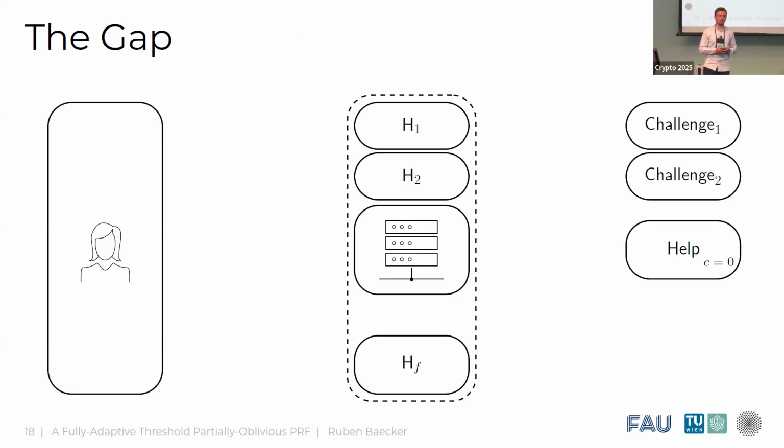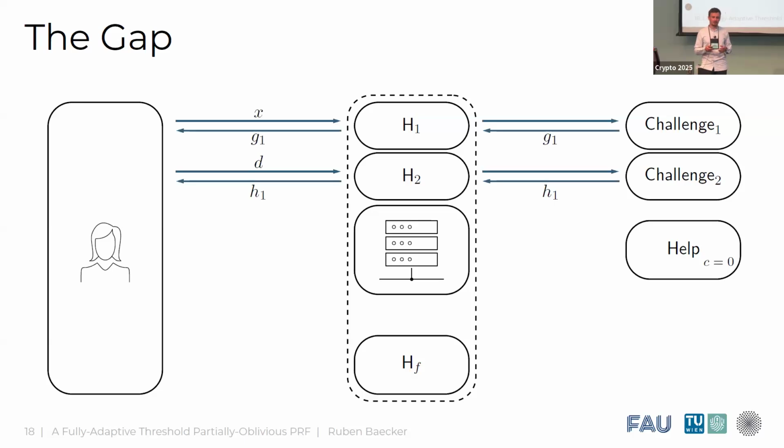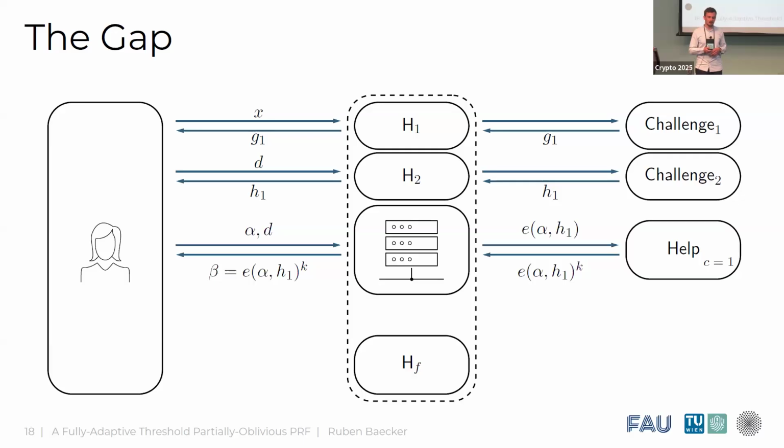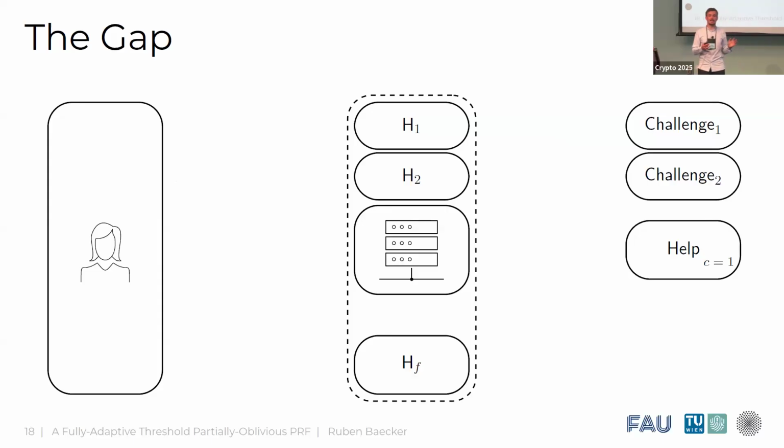So if we go back to the reduction again, the client does the random oracle queries, and then the exponentiation, which the server just forwards to the help oracle. And now the client changes his mind and says, okay, I'm totally going to abort this protocol run.